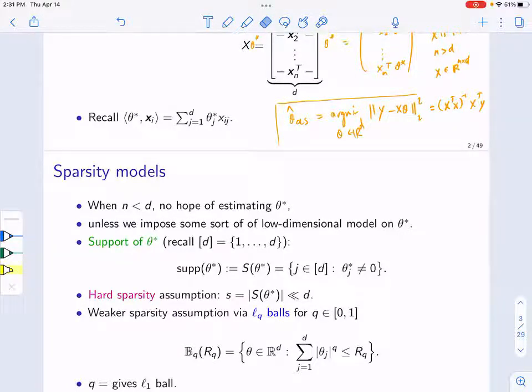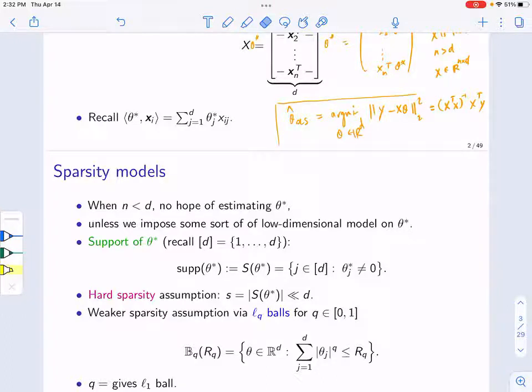For example, let's define the support of theta star, also written S of theta star for short. This is the set of indices of non-zero elements of theta star. The constraint imposes a bound on the cardinality of the set, how many elements it has. So let's say the cardinality is s, and we're going to see that s is much less than d.